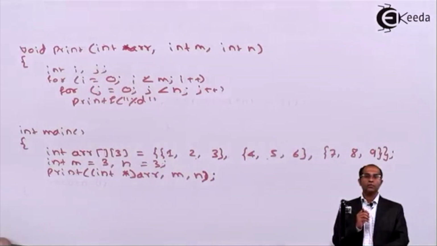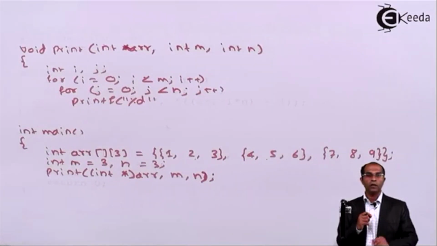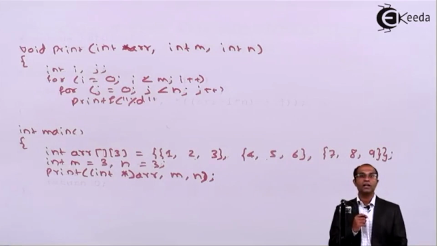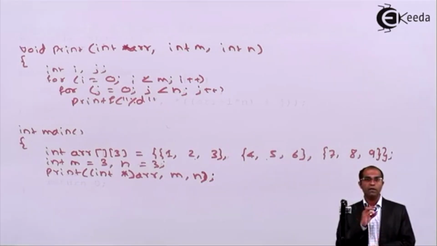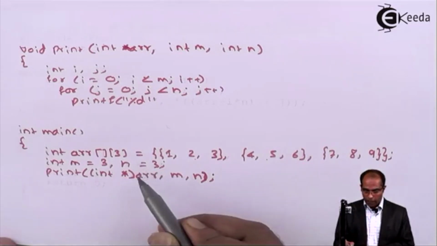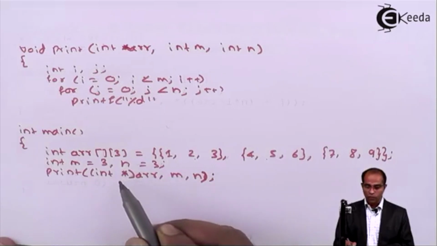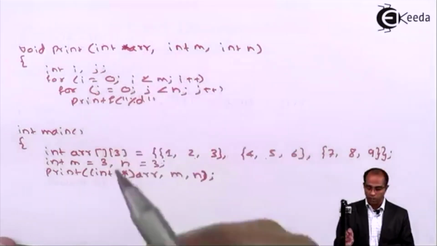Now the only change which you are going to observe is when an array is passed as a pointer versus an array passed as an array. In the previous example, we have seen how an array is passed as an array. Here, I am passing this array as a pointer, since I have created this particular pointer.